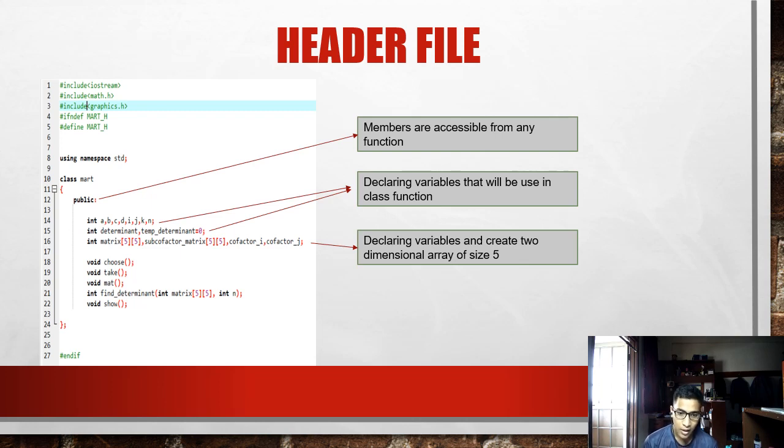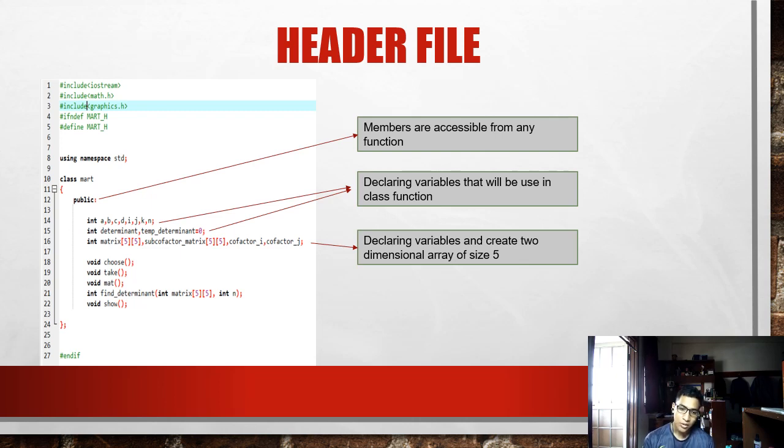Then I declare variables that will be used in the class functions. I declare integers a, b, c, d, i, j, k, n. Then I declare determinant, temporary determinant, time determinant, and I set time determinant equal to 0.